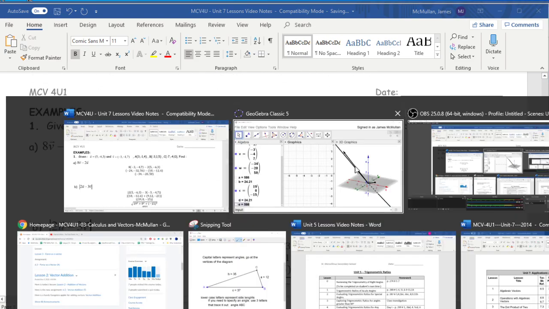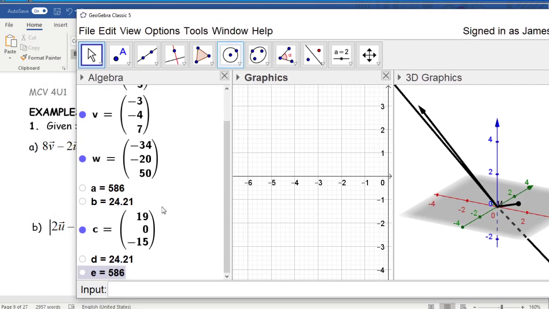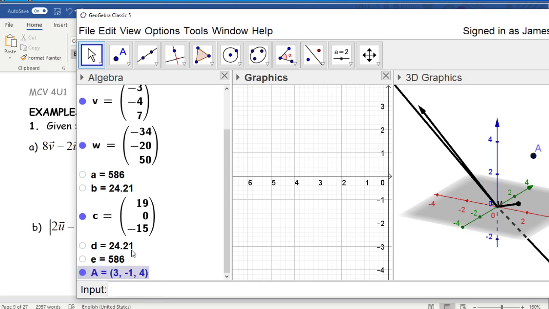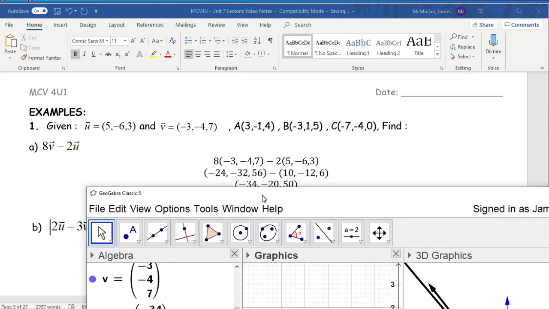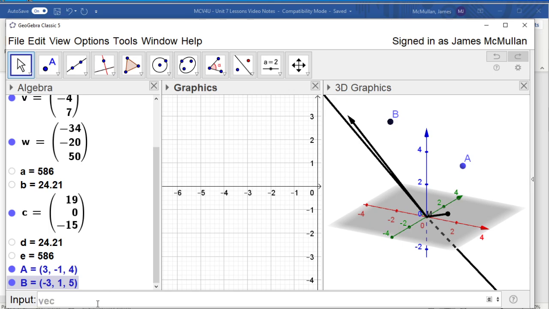Again, easy way to check this. Go back over here. We'll just type them in. A equals, remember it's a capital if you want a point, otherwise it would draw a vector. If you want a point, you just type a capital. 3, -1, 4, then B equals -3, 1, 5. I want a vector that joins those two things.